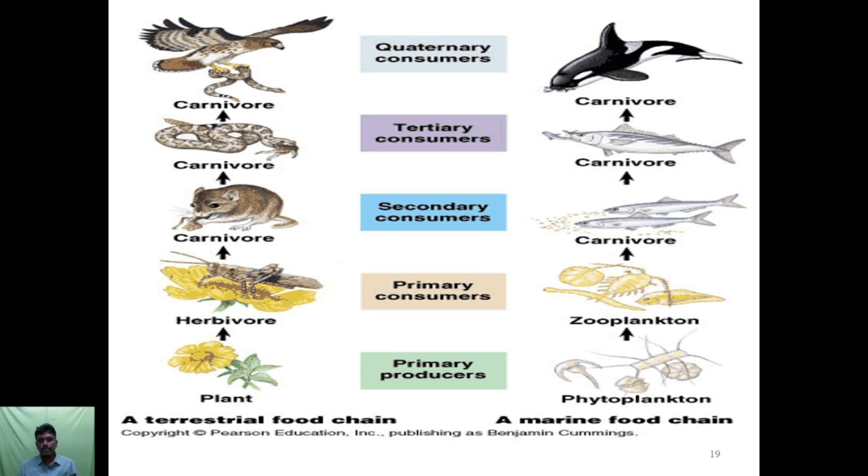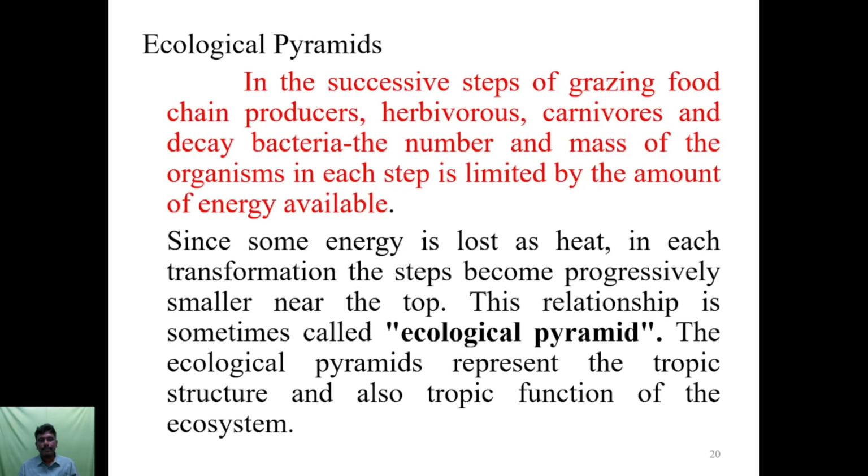This is the comparison between terrestrial food chain and marine food chain. So in the terrestrial food chain: plant, herbivore, carnivore, carnivore, carnivore. Then ecological pyramids.